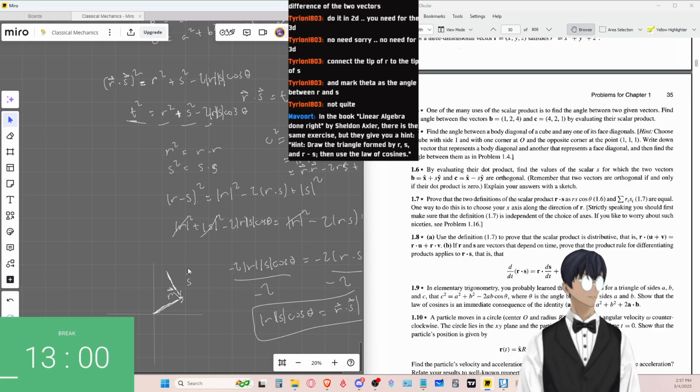In the book Linear Algebra Done Right, there is the same exercise, but they give you a hint. Draw a triangle formed by R, S, and R minus S. Then use the law of cosines.